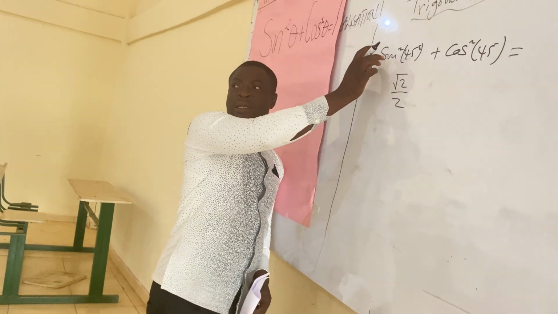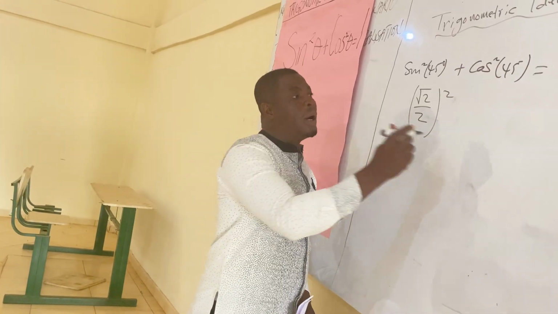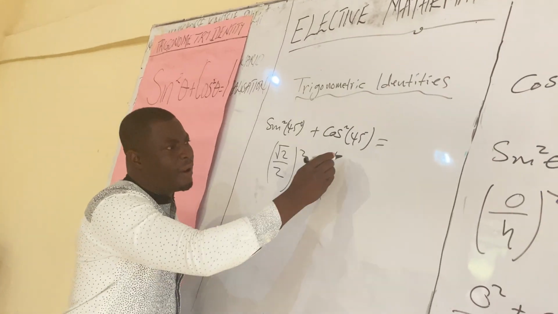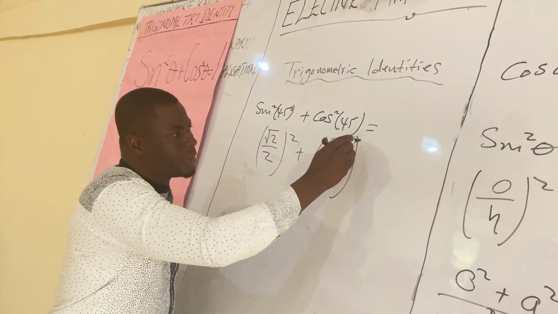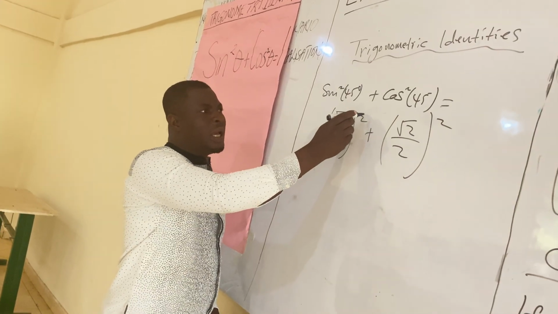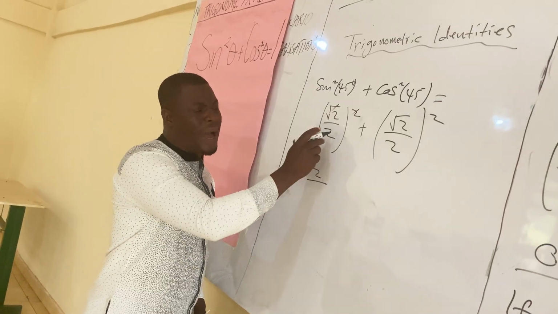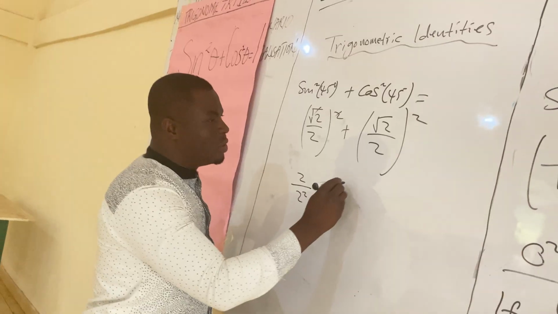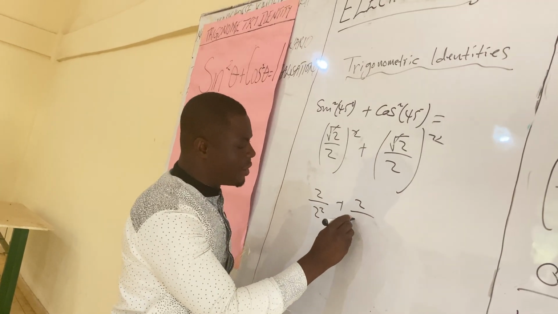But remember that sine is squaring. So you square, plus cos. If you key in this, you get root 2 all on 2, square. So this goes with this, we have 2 on 2 square, plus this with this, we have 2 on 2 square.